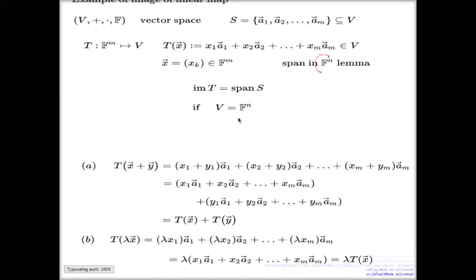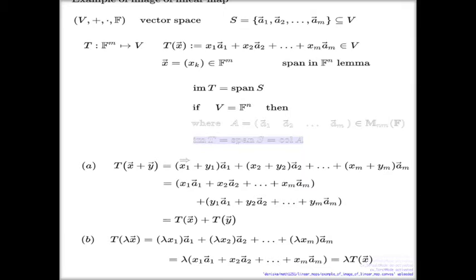So if your V is Fn, then we introduced also something which I call a column space of a matrix, where A was the matrix which consists of these vectors as columns. And in that case, span was exactly the column space of the matrix.